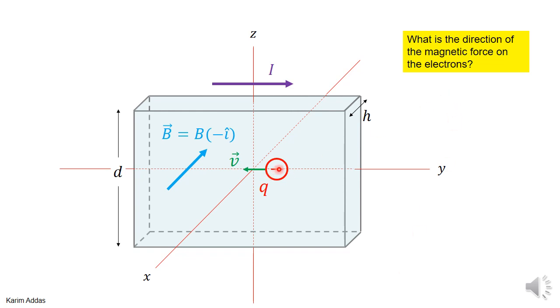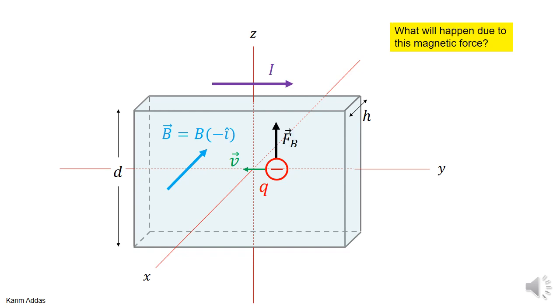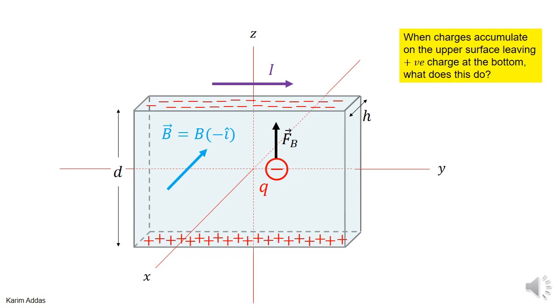If you use the cross product QV cross B, V cross B will be pointing downwards, but since the charge is negative, when you multiply by Q, the direction of the force will be upwards. So as time goes on, negative charges accumulate on the top of the conducting material. And so the force, as we said, is upwards. So the top part will be negatively charged, leaving behind some positive charge on the bottom.